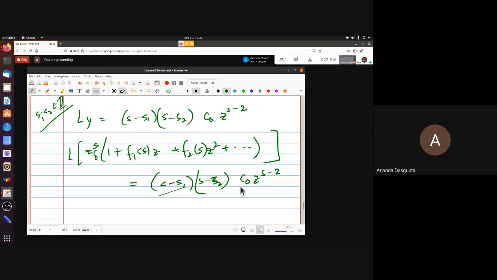And the way to do that is write C0. Remember, C0 is an arbitrary constant which is independent of Z. Nobody insists that it's independent of S. So far, we took it to be independent of S simply because making it dependent on S did not serve any purpose. But now what you can do is take C0 to be alpha times S minus S1, which means, of course, you have to do it on both sides.